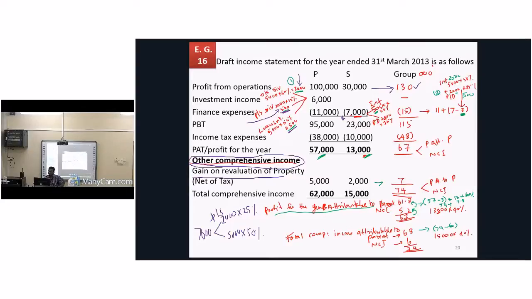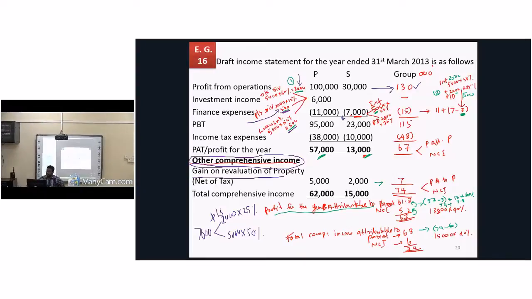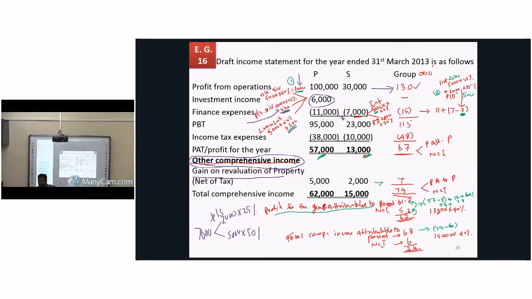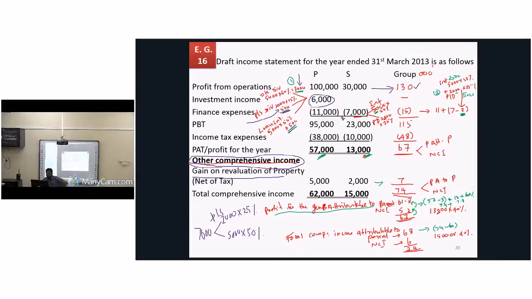Altogether, it will be equal to, you can see now, 6,000. Then this investment income of 6,000 in parent's column comprises three amounts. What are those three amounts? 3,000, preference share dividend of 500, and loan interest income to parent, expense to subsidiary, 2,500.